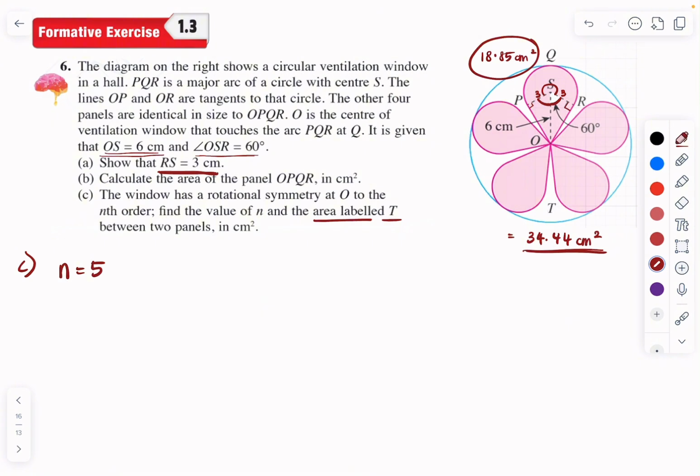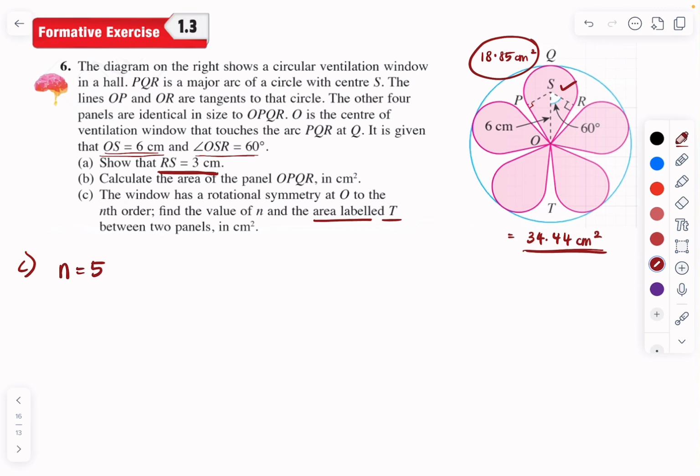And the area labeled T between two panels. So now we need to find this area. Right. So this is a very weird shape. So let's see how to find it. One thing we know is we have the area of the panel.